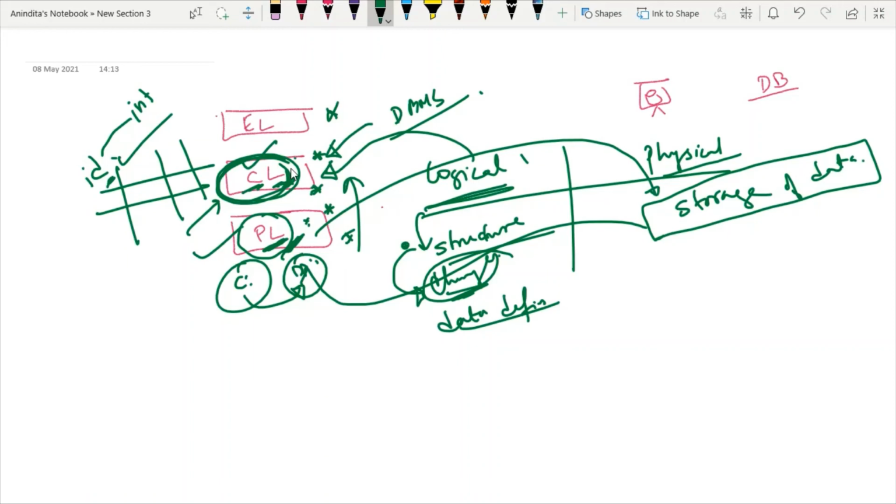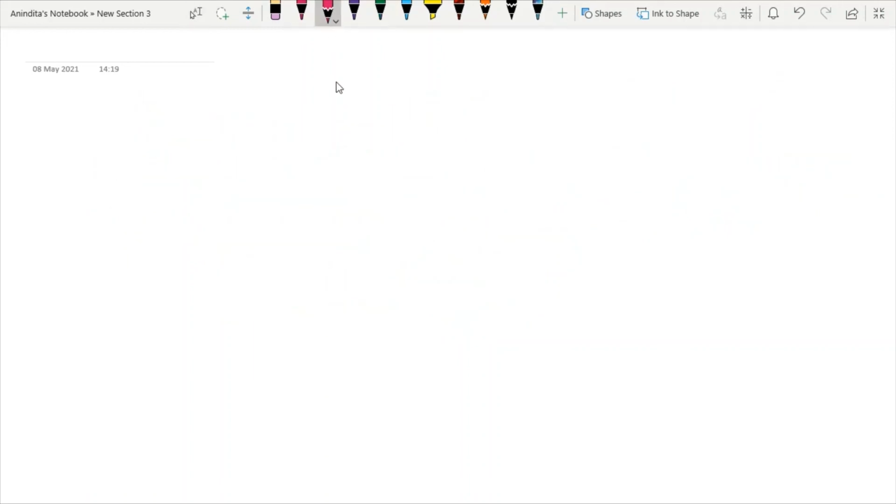So basically, the block diagram for this three-tier architecture will be: the external level. We know that it is known as the view level, and I have explained that the external level will show some subschemas which are known as views. So we will have many views at the external level.